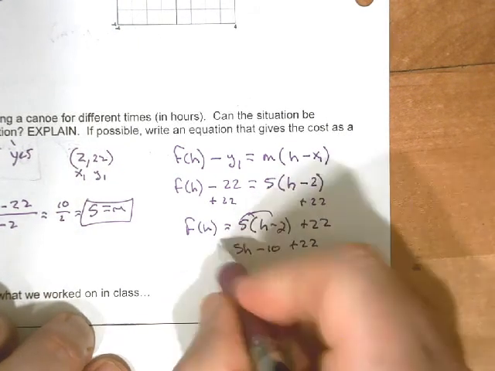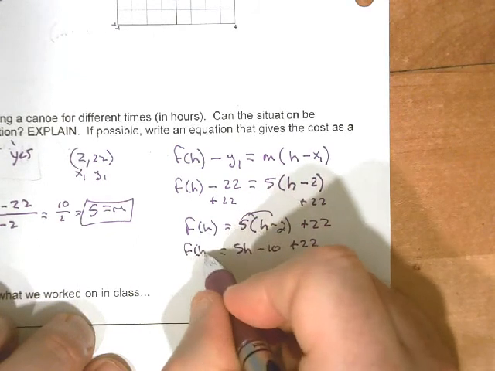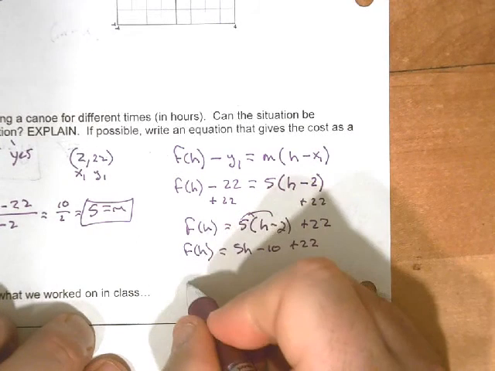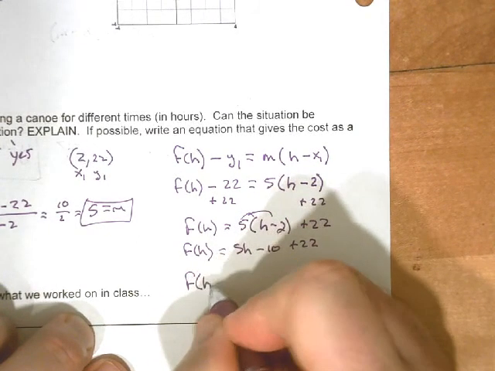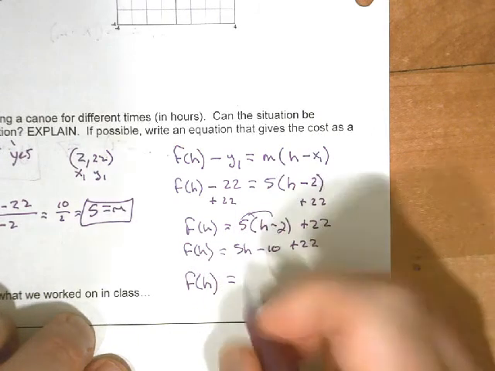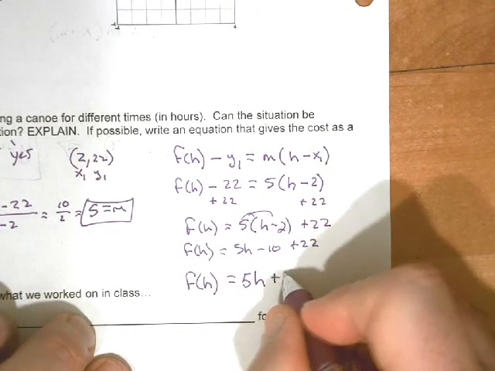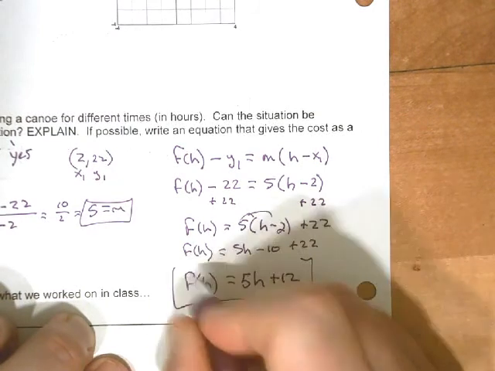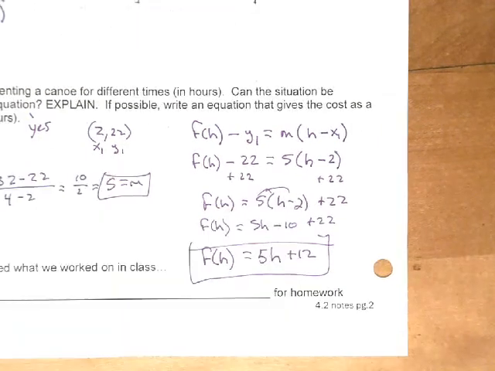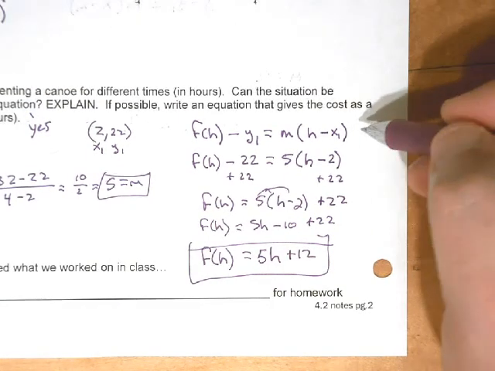So I'm going to distribute this. This becomes 5h minus 10 plus 22 equals our f of h. And then one last step to clean it all up: our function of h equals 5h plus 12.